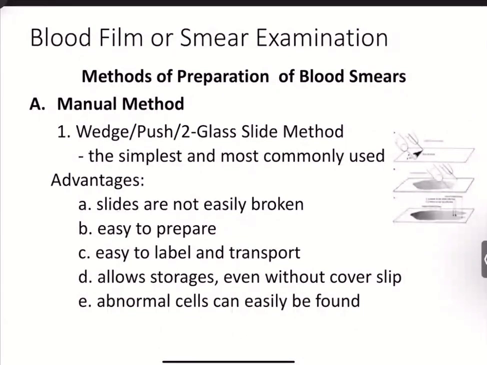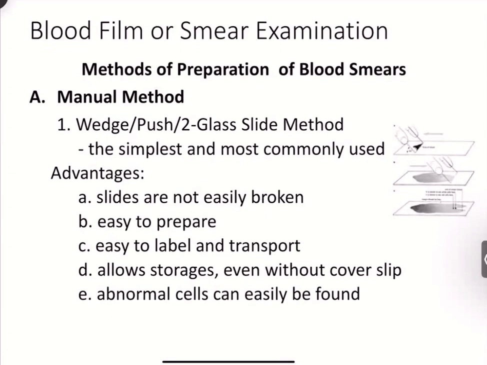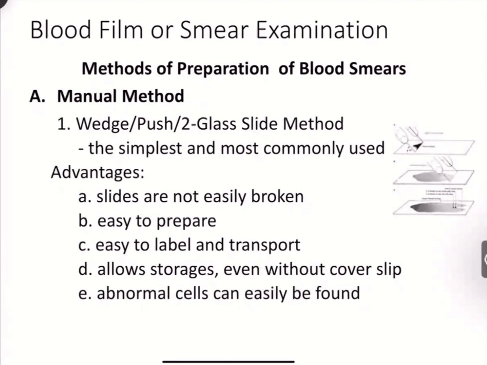The slides have a thicker width than your cover slips. Then this is easy to prepare, easy to label and transport, for it is larger than other glass being used. This also allows storage even without a cover slip.